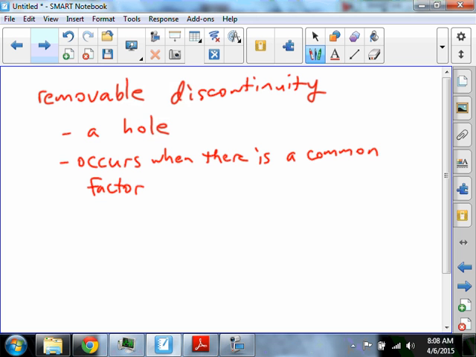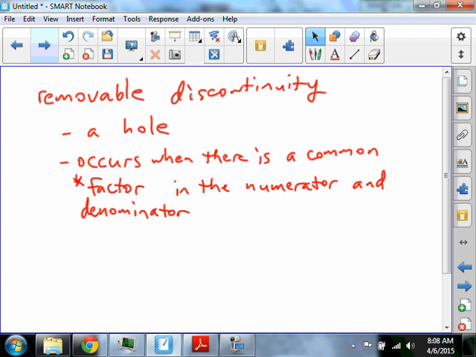I'm going to put an asterisk by the word factor. When there is a common factor in the numerator and denominator. So a hole, a removable discontinuity, occurs in the graph whenever there is a common factor in the numerator and denominator.